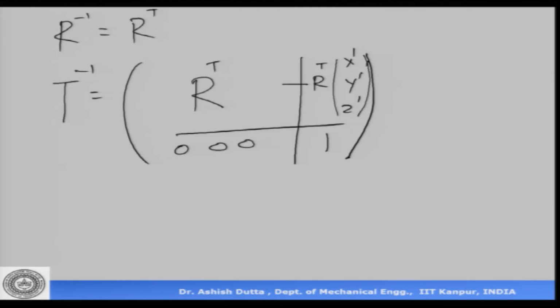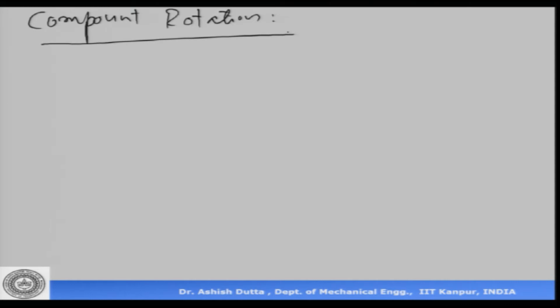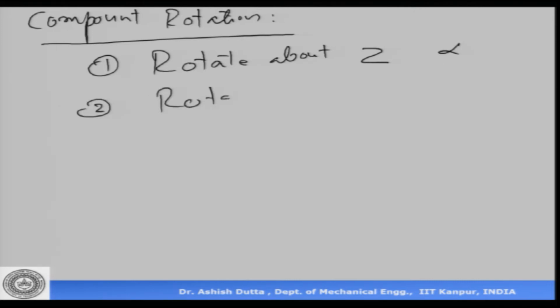Now, suppose we have compound rotations. First I rotate about the z axis by an angle alpha, then I rotate about the fixed x axis by an angle beta.